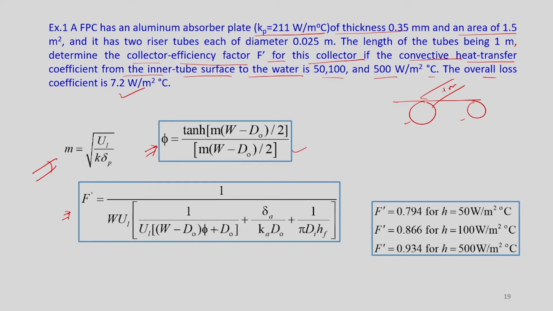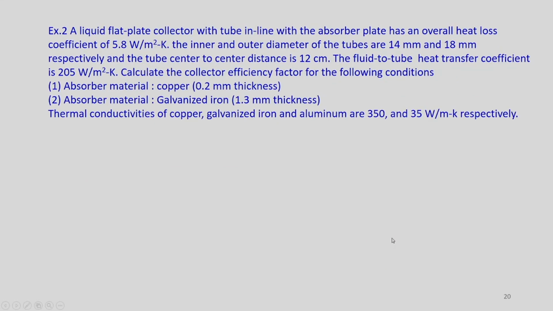Once we substitute those values, we get these values. Once the heat transfer coefficient changes, you can see the change in F dash values. If we can increase this F dash value, of course, we can get higher useful heat gain. So, maybe we can solve one more problem.